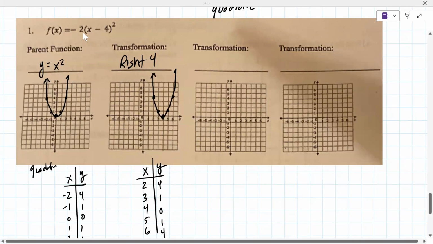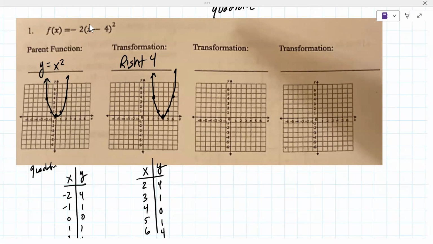And then there's this negative, and then there's this 2. Okay, so moves to the right by 4 units.